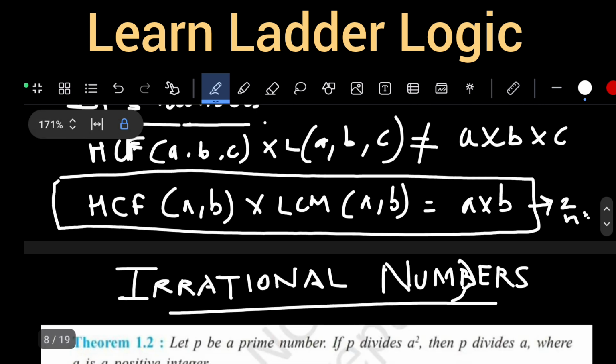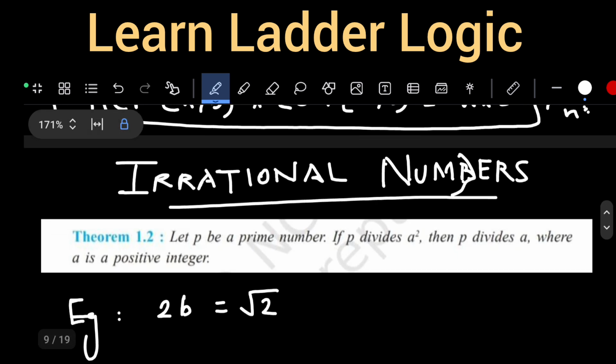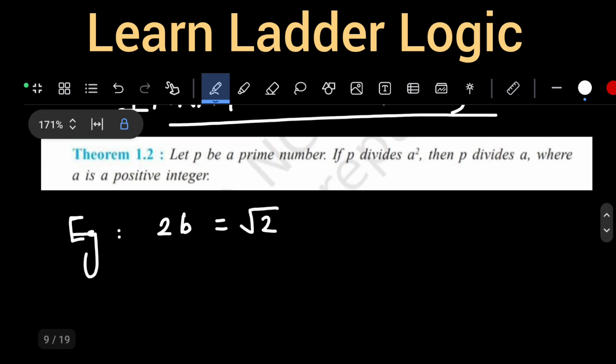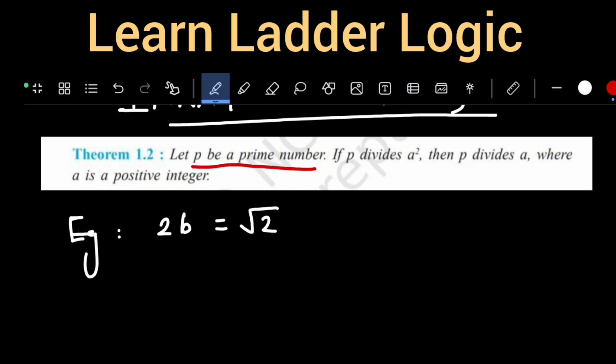Now let's move to the next topic of this chapter, irrational numbers. Here you have one theorem, Theorem 1.2, which says, let P be a prime number. If P divides A square, then P would also divide A. Let's write that in the example given to you.